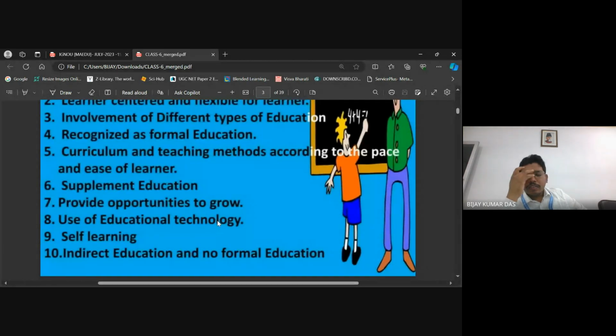And the important thing is the use of educational technology. They have to report assignments in digital form, they have to do some presentations, some tasks, assignments, proposals, and they have to prepare it, submit, and conduct some researches.